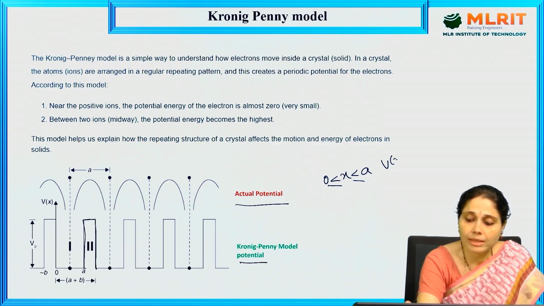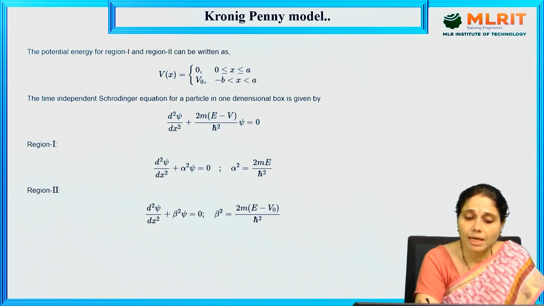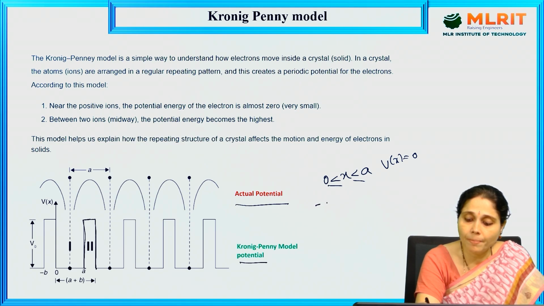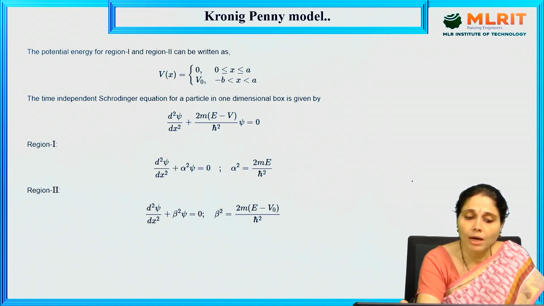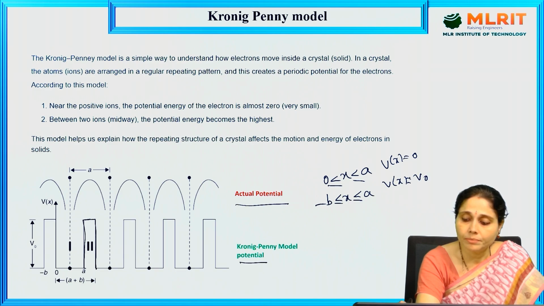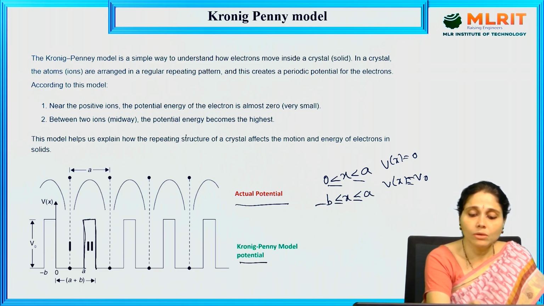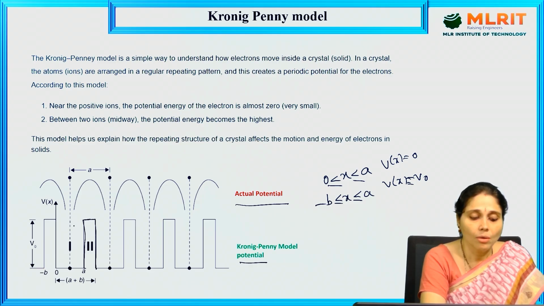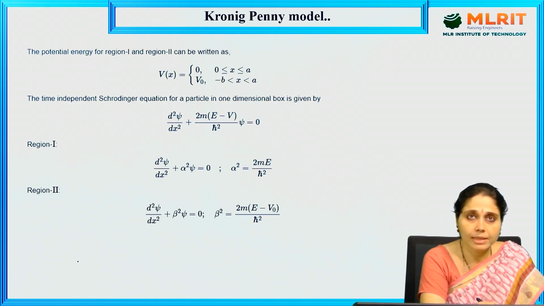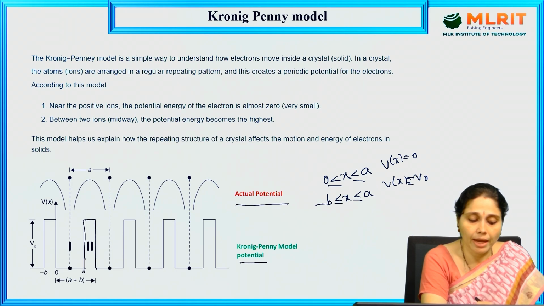Next, V of x equals V naught, the maximum, for minus b less than x less than or equal to 0. So V of x is the maximum in between.